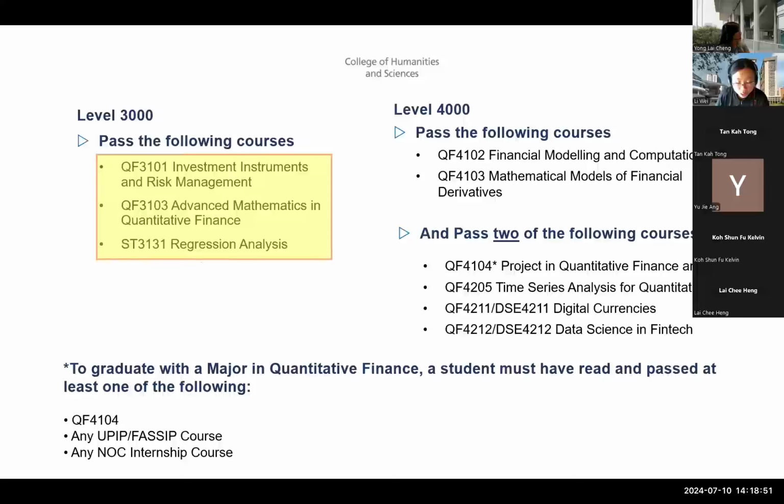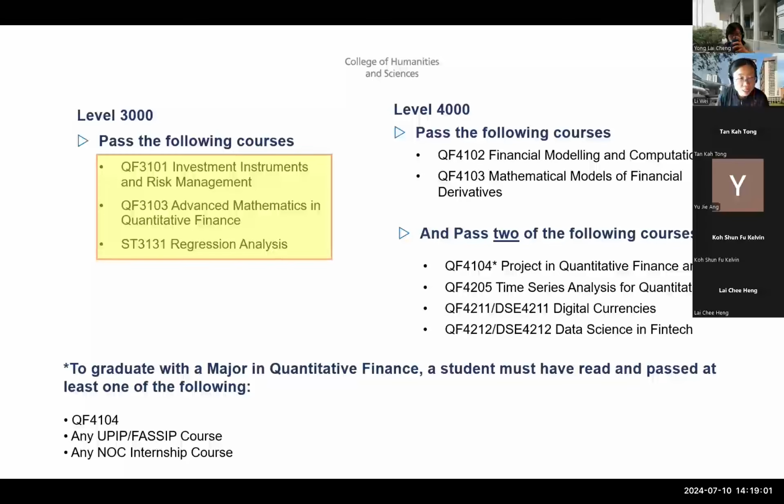Besides this, we also cover computational tools used for quantifying risk for financial products. That is risk management. And fortunately for us, from this academic year onwards, QF 3101 would be offered in both semester 1 and semester 2.